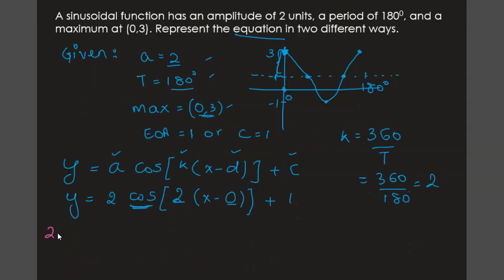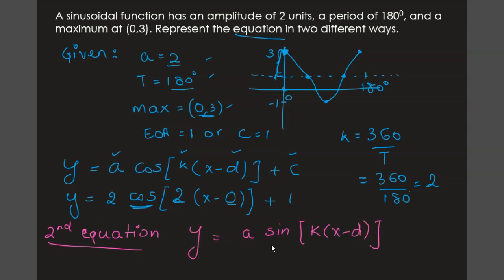Let's find the second equation for the same information given, and let's write this second equation in the form of a sine function. This is how our sine transformed general function equation looks. As we learned in the previous video lesson, the two equations for the same information or the same graph will always have A, K, and C the same.